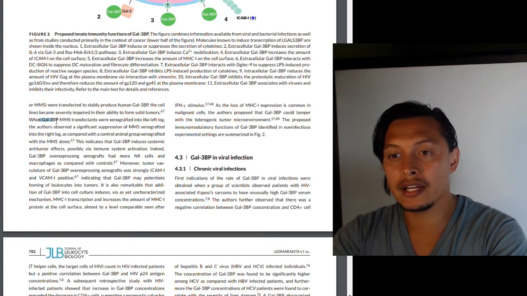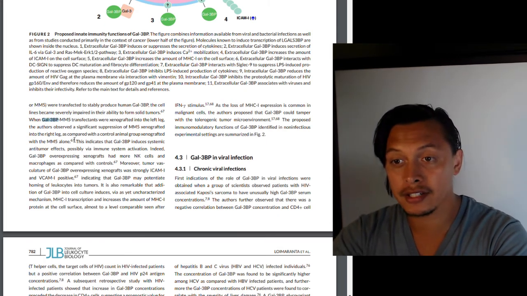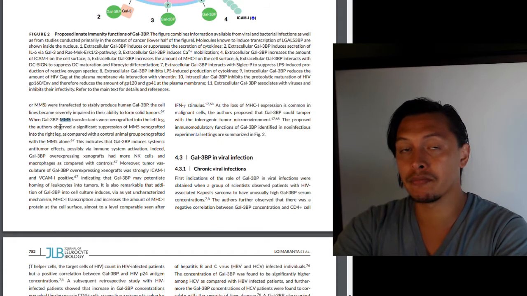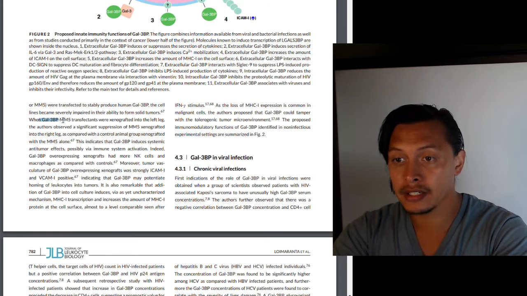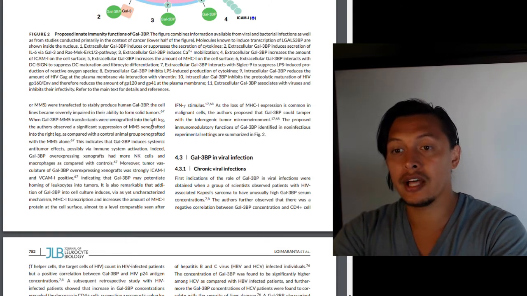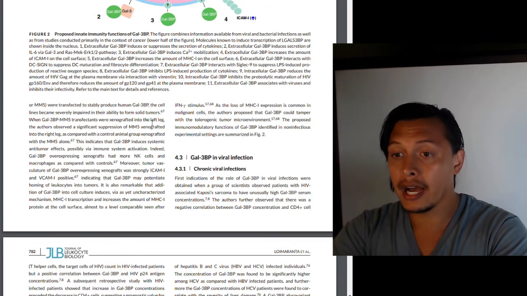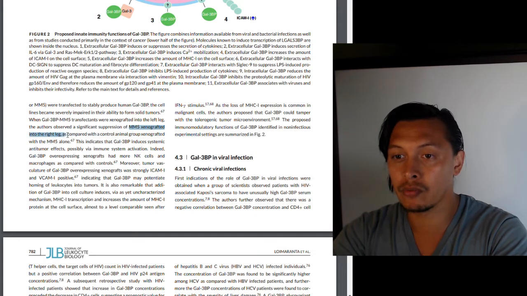So when they transfect galectin-3 binding protein into the MM5, which normally doesn't produce any galectin-3 binding protein but now does, and xenograft it into the left leg of these mice, the authors observed a significant suppression of the MM5 xenografted into the right leg as compared with the control animal groups xenografted with MM5 alone.